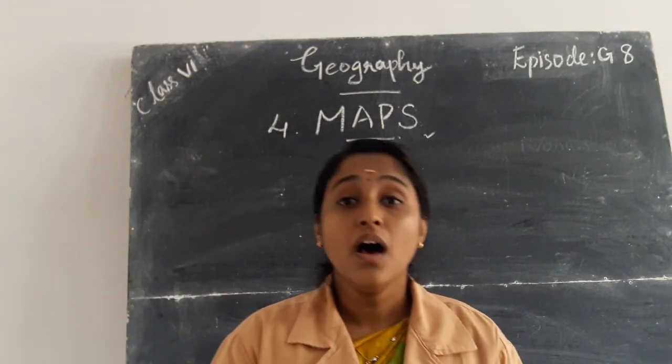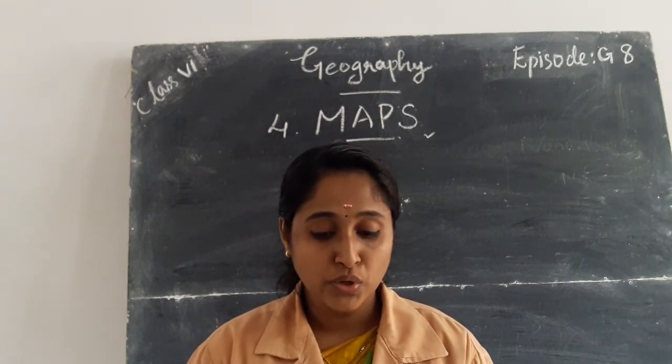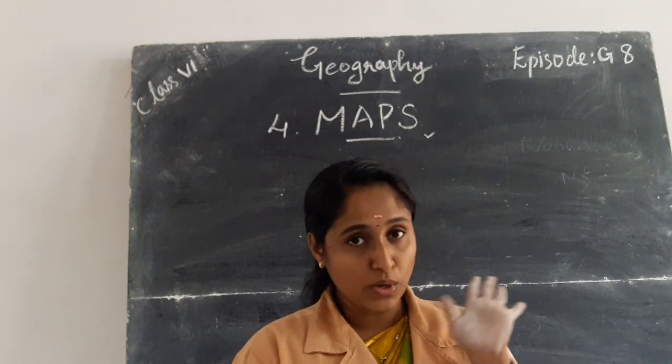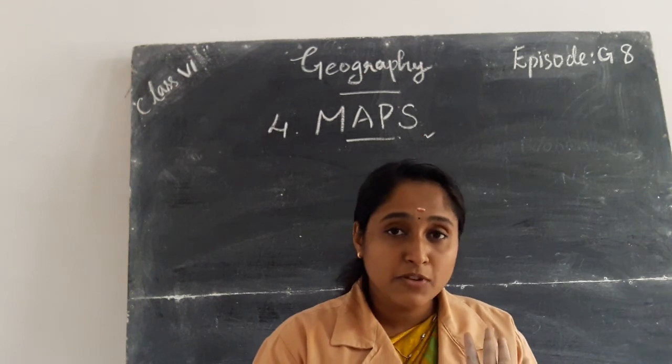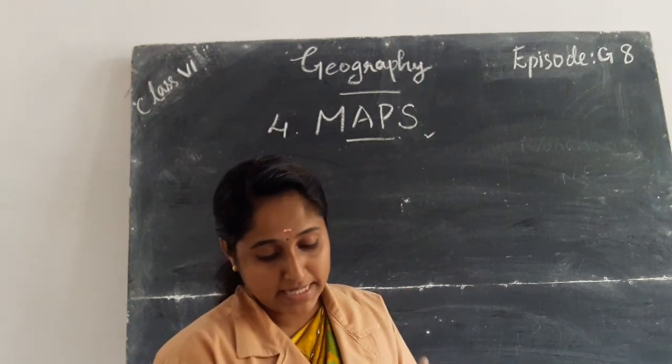So these are the main components of maps. Today we discussed what a map is and the types of maps: physical map, political map and thematic map.